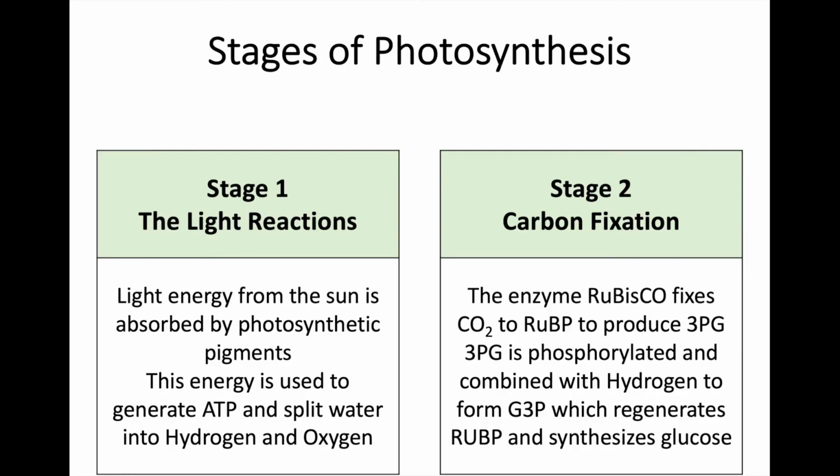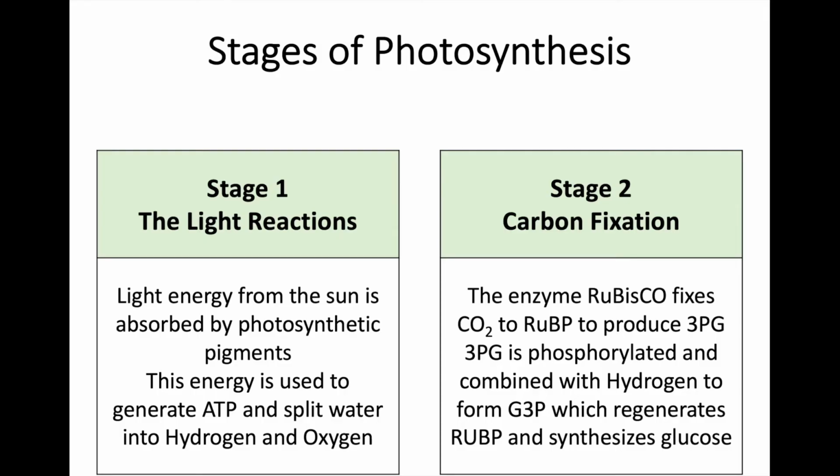And this energy is going to be used to generate ATP, which is going to get moved on to stage 2, but it's also going to be used to split water into hydrogen and oxygen. And what you might remember is that hydrogen is passed on to stage 2 and oxygen is released from the plant and goes into the atmosphere, which we breathe. So again, from National 5, that should be fairly similar. We obviously go into a little bit more detail.